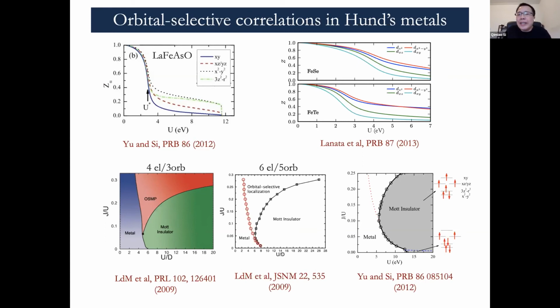And in our mind, the distinction between the two scenarios is whether there are lower and upper Hubbard bands. If there are no lower and upper Hubbard bands, then charge is entirely coherent, spin may be incoherent.